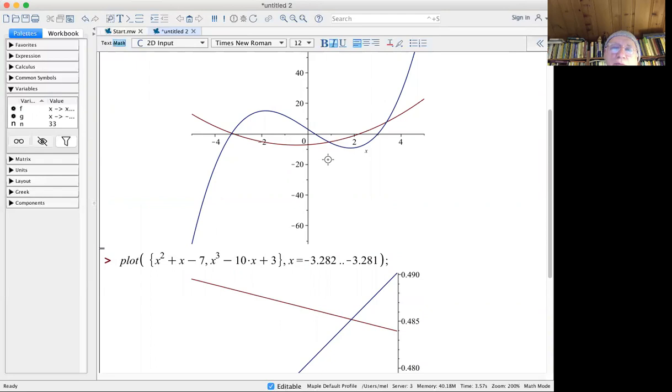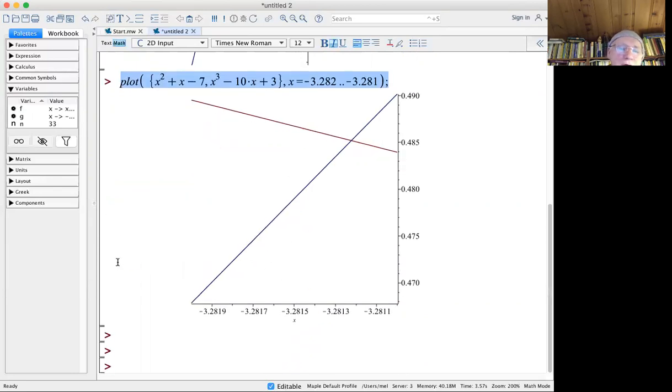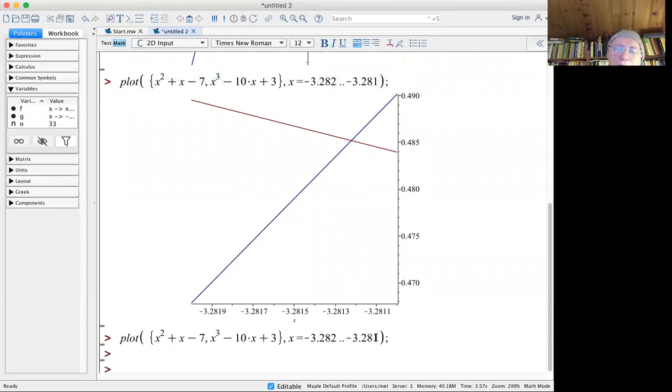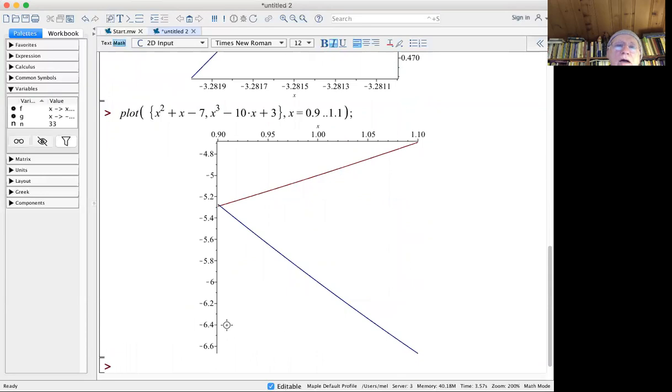So we just found this point. What about the second point? It looks like it's very close to 1. So let's blow up our curve close to 1. Maybe from 0.9 to 1.1.